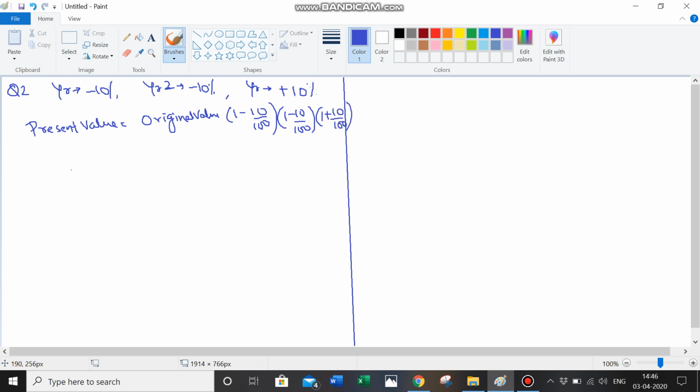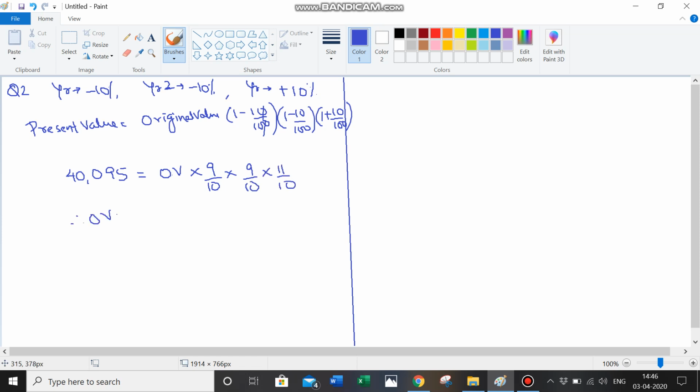So present value is given equal to 40,095. Original value we need to calculate. This is 10 minus 1, 9 upon 10. This is 9 upon 10, and this is 11 upon 10.